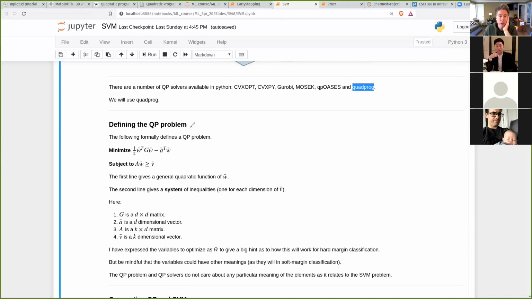So when you use a QP solver, you have to find some way to express your optimization problem in terms of this language here. This first line here is just a general quadratic function in W. If you have W^T G W, this is the sum over i and over j of W_i G_ij W_j.